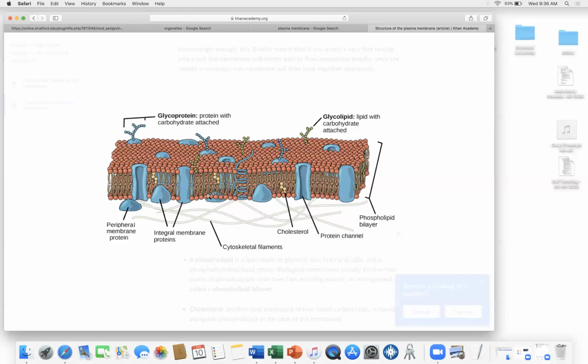Now, how does it do that? How does it know what to let in and know what to let out? If you look at this glycoprotein up here, that means it's a protein connected to some sort of sugar. And a glycolipid here, it's some sort of fat connected to a sugar. That's all that it means if you use your medical terminology powers.